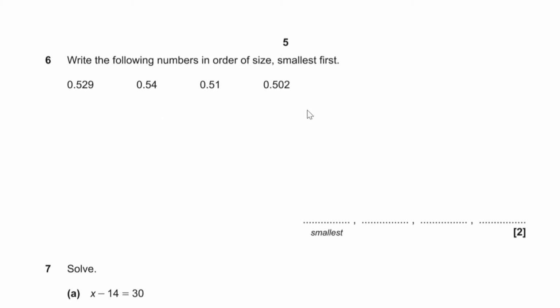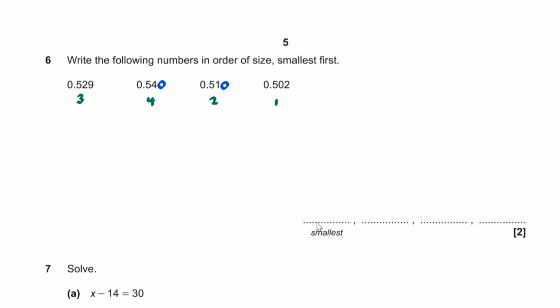Question number 6. We have to write the following numbers in order of size, with the smallest first. Let's write each of these numbers to 3 decimal places. This is already to 3 decimal places. If we add a 0 placeholder, this is now written to 3 decimal places. It now becomes easy to compare. The smallest is this, followed by this, followed by this, followed by this.